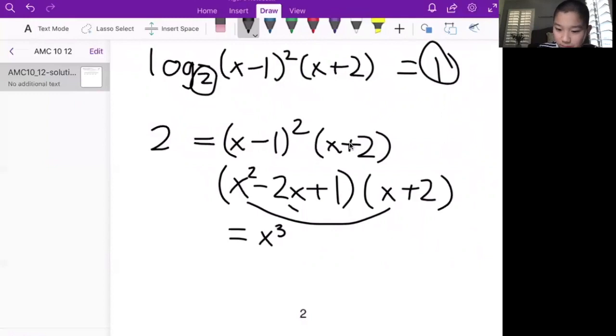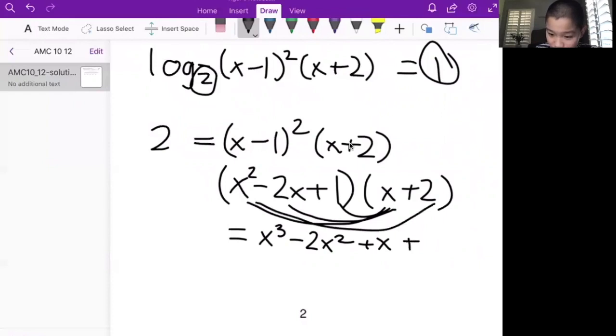And then negative 2x with the x gives minus 2x squared, and 1 with the x gives plus x. And then x squared with the 2 gives plus 2x squared. Then negative 2x with the 2 gives minus 4x, and 1 with the 2 gives plus 2.